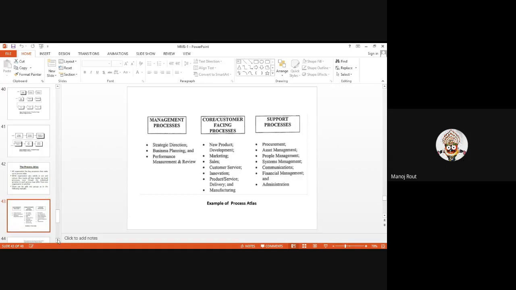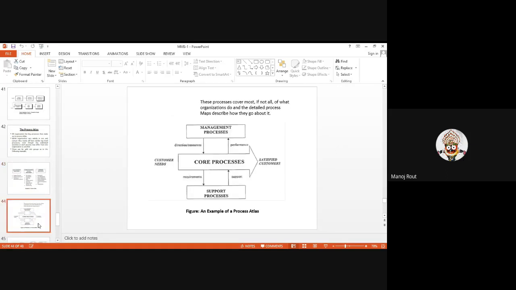Going to the next one. In case of process atlas, these processes cover most, if not all, of what an organization does, and the detailed process maps describe how they go about it. Management processes basically provide direction as well as the resources. The next one is the core process, which includes understanding customer needs and satisfying customers.